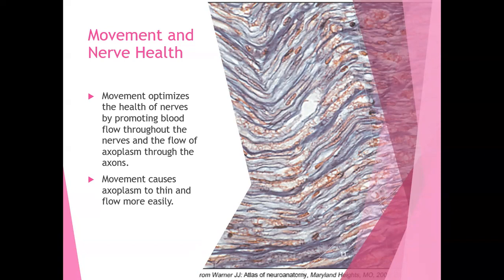So you need adequate blood flow to supply nutrition and oxygen and to remove the wastes of cellular metabolism from the neural tissues. So if the axoplasm is thick, it becomes more resistant to flow. So movement thins it and makes it flow more easily, and that facilitates retrograde and anterograde transport.